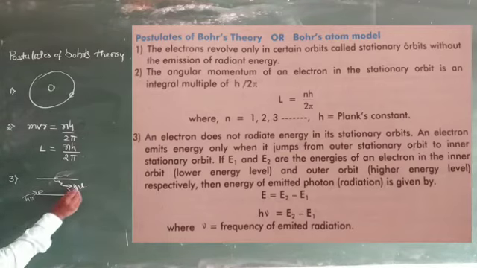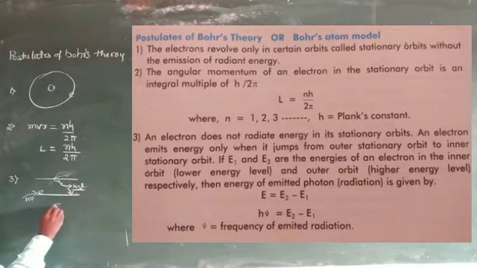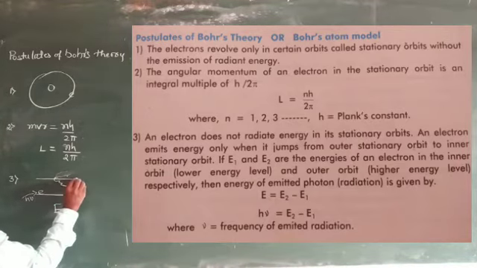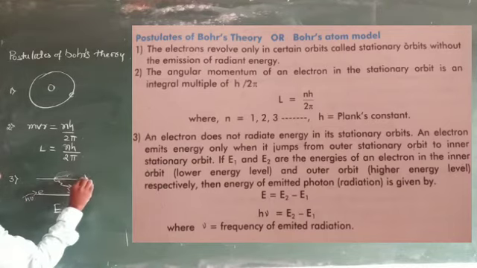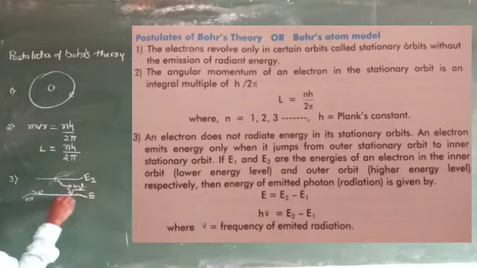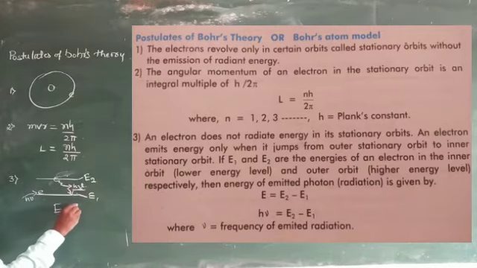So h nu, the transition energy, E, is equal to E2 minus E1, where E2 is the excited higher energy orbit and E1 is the lower energy orbit.